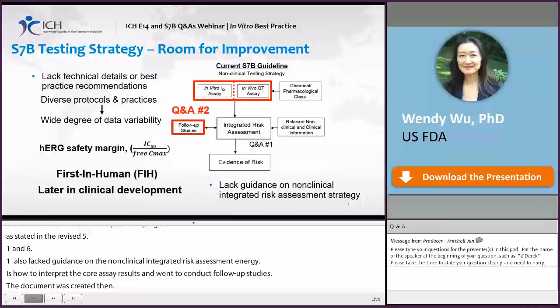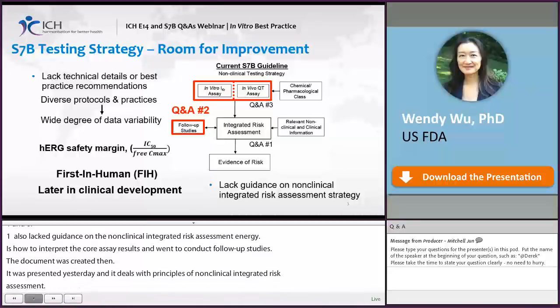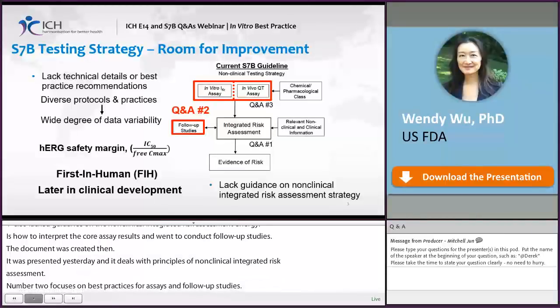S7B Q&A 2 focuses on best practices for in vitro hERG assay and follow-up human myocyte studies. S7B Q&A 3 will be presented in the next presentation, and this covers best practices for in vivo QT studies.